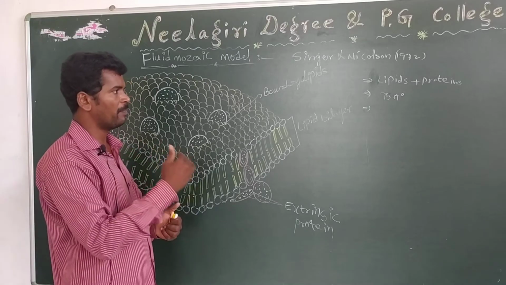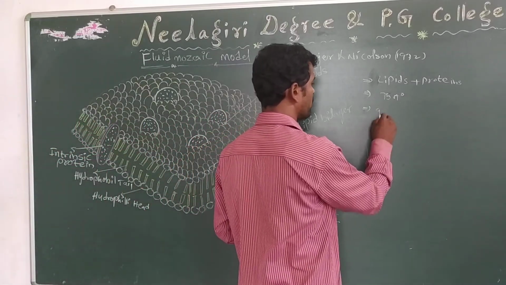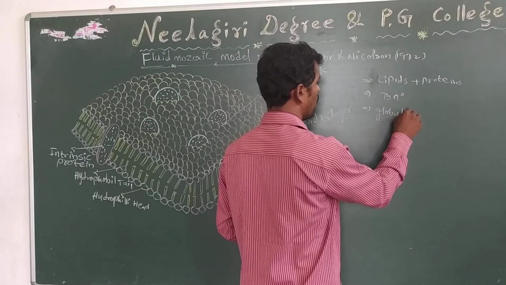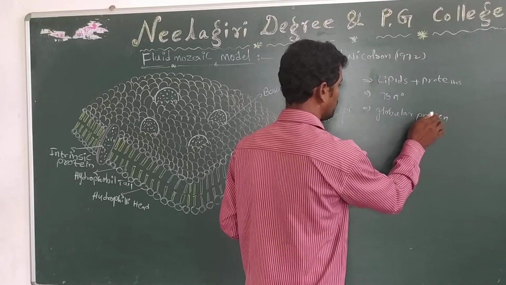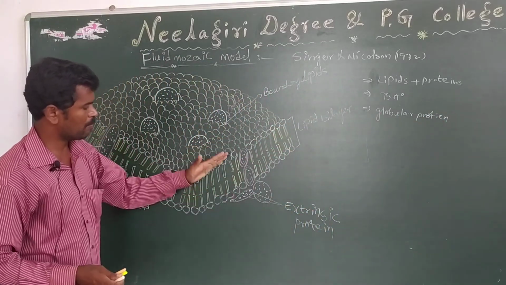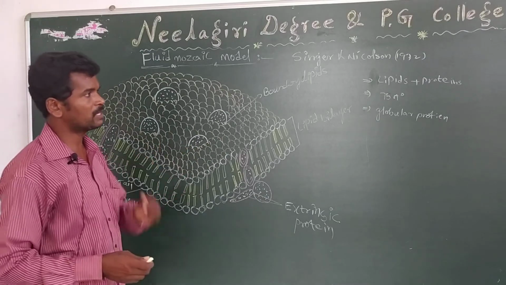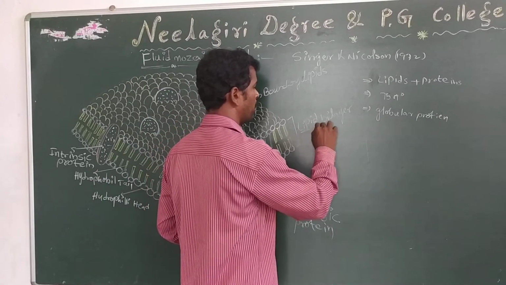In this model the proteins are globular proteins. The lipids are in two layers, that means the lipid bilayer.